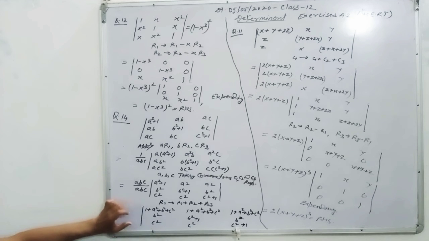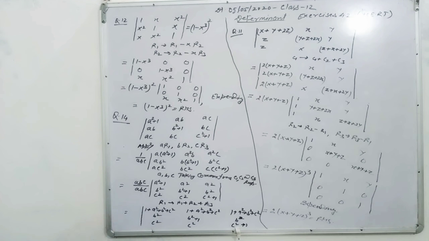Now after this, taking 1 plus a square plus b square plus c square common. After taking common in R1, you will have 1, 1, 1, and R2 and R3 will be same. Then one more property you can apply to get 0 in this determinant. Applying C1 minus C2, C2 minus C3.